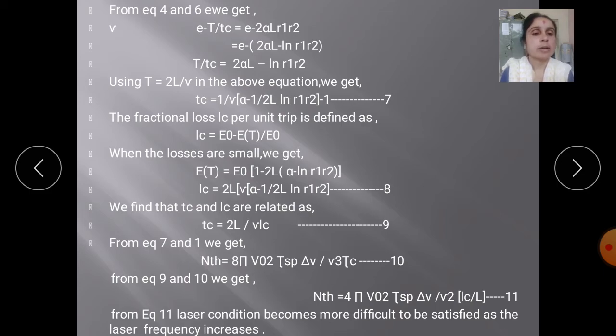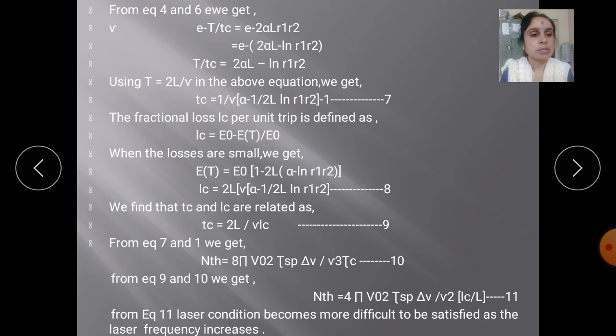From equations 9 and 10 we get the laser condition N_th equal to 4 pi v0 squared times t spontaneous delta v upon v squared in brackets Lc upon L, where delta v is the separation between two waves.